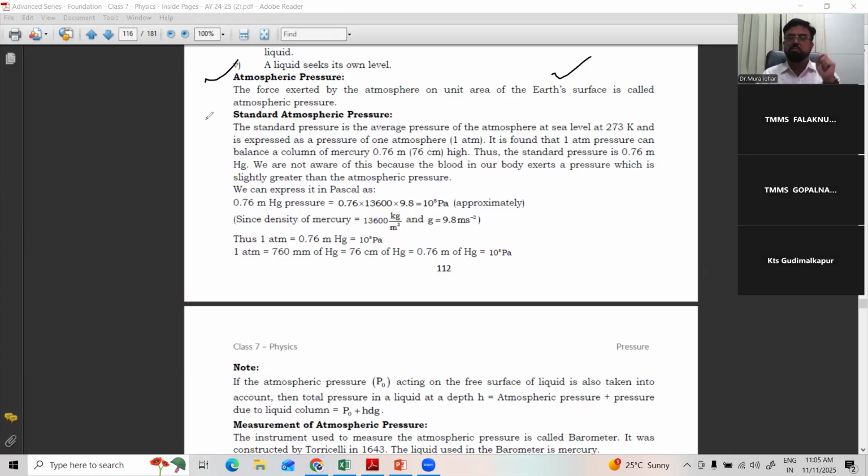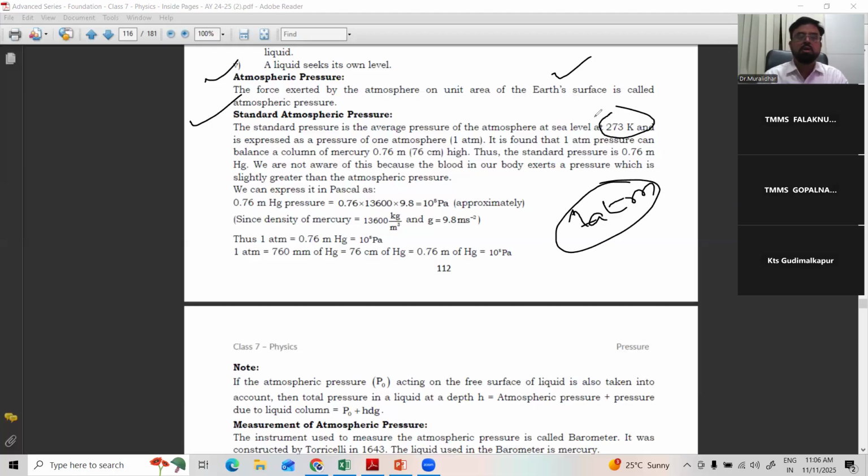Such pressure exerted by the surroundings on unit area of the earth is called atmospheric pressure. The standard pressure is the average pressure of the atmosphere at sea level, that is 273 Kelvin approximately, and is expressed as 1 atmospheric pressure, or 1 atm.